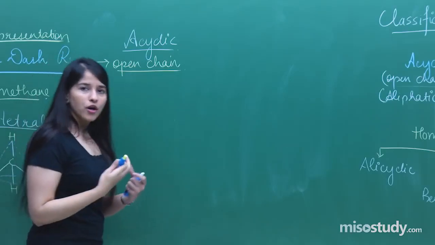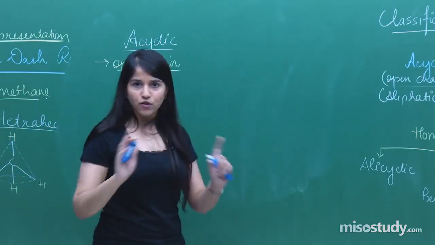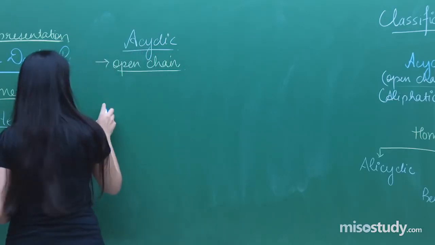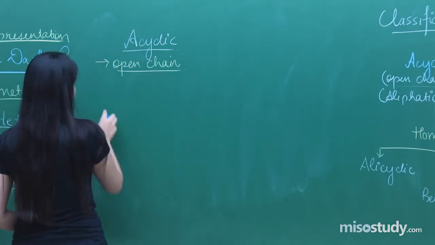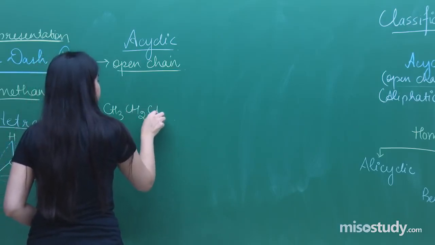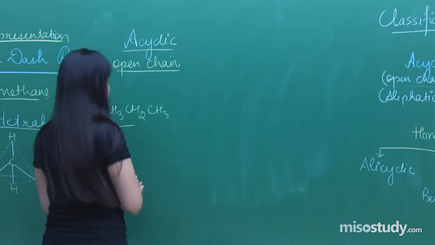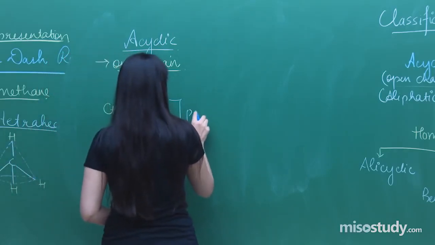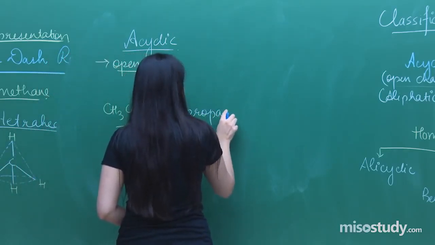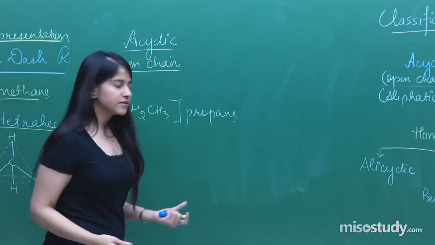That means all which we have discussed so far, non-ring structures having no rings. That means structures like this. Basic, what is this? This is propane. That is acyclic, having no ring.